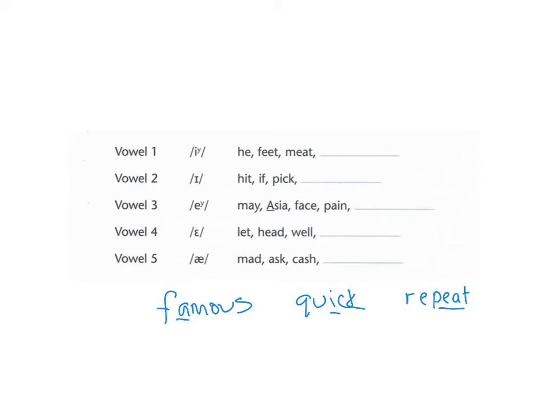Famous, quick, and repeat. Famous, famous. Is that vowel sound 1, 2, 3, 4, or 5? So this is E, I, A, A. Which one sounds like this? Famous, famous. I think you might have gotten it. It's right here, right? A, famous.